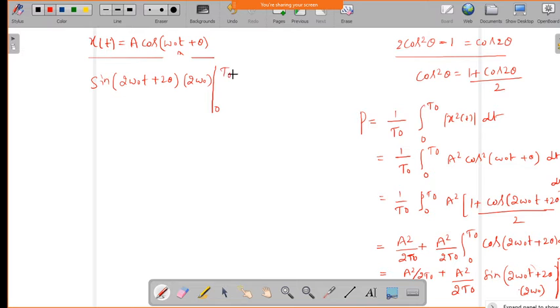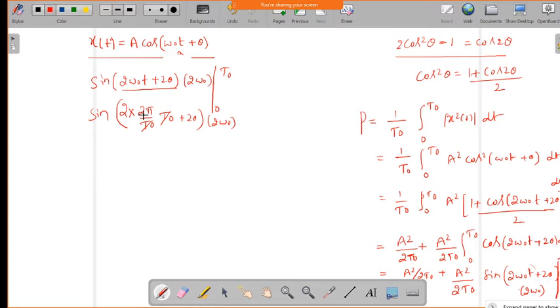If you substitute the value of t as T naught, we know omega naught is 2 pi by T naught. And if you substitute t which is T naught, and 0, T naught minus 0 will give T naught itself. So plus 2 theta is there, and the sine of that whole term into 2 omega naught is a function of 2 pi.